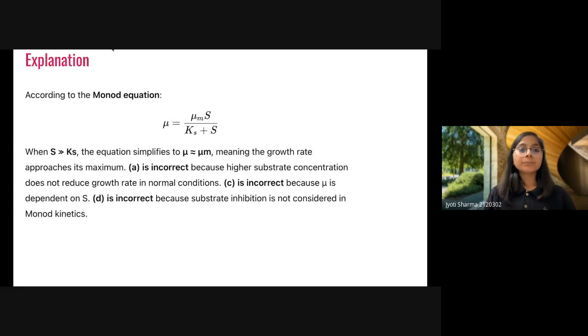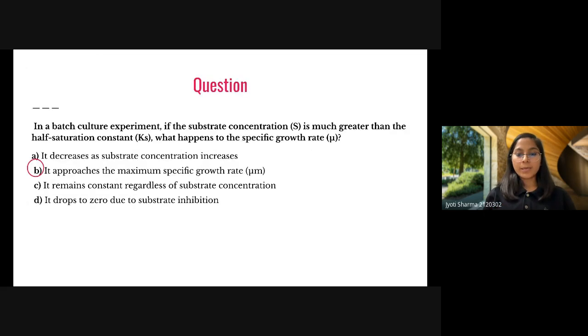This is the Monod equation, where mu is the growth rate, mu m is the maximum specific growth rate, S is the substrate concentration, and Ks is the half saturation constant.